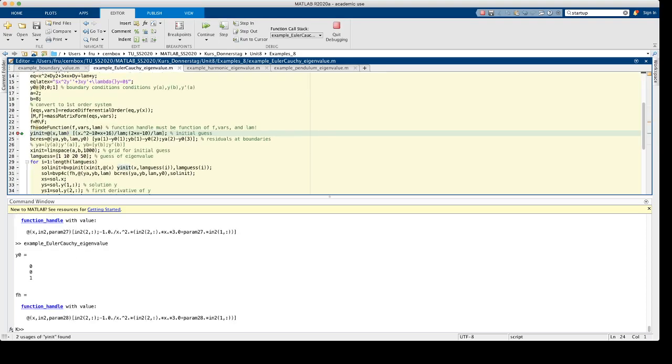Okay, here we are. We've defined the y_init function handle. Now we have to define the bcres function handle.